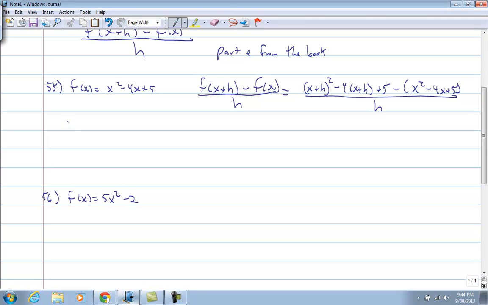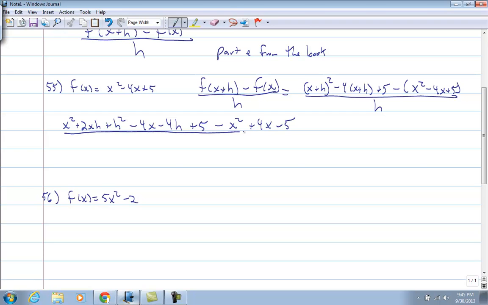So that's going to be x squared plus 2xh plus h squared minus 4x minus 4h plus 5 minus, now I'm going to distribute this negative, x squared minus a negative makes it plus 4x minus 5.